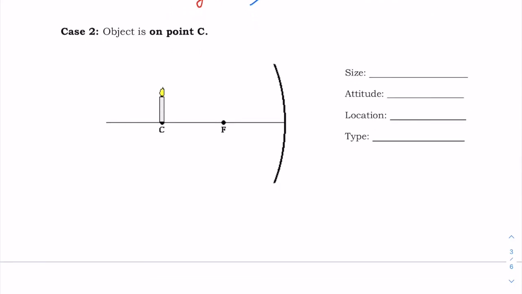What happens when the object is on point C? So we'll get practice drawing the 4 rays of light again. The first one I'm going to draw is a ray of light that comes in parallel to the optical axis. And remember, that one reflects and passes through the focal point. The second one I'm going to draw is a ray of light that passes through the focal point.